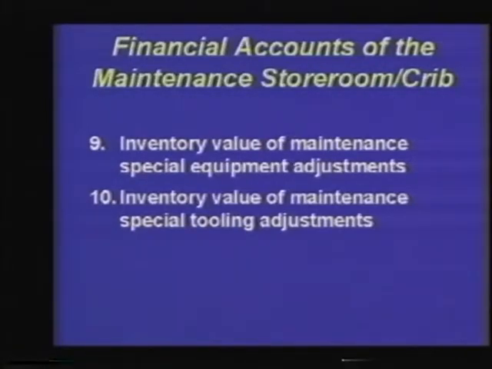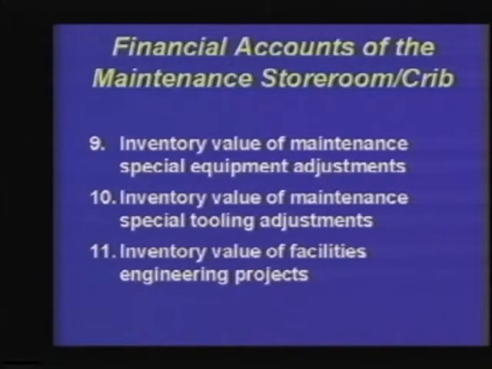And here again, that would pertain to a loss of tooling and where we actually had to replace it. And item 11 is the inventory value of facilities engineering projects, and that is what inventory was actually used and supported by the storeroom.